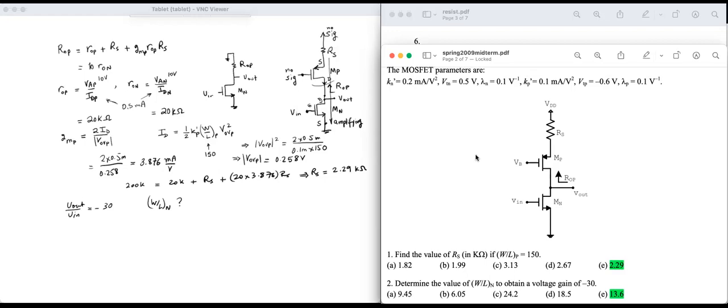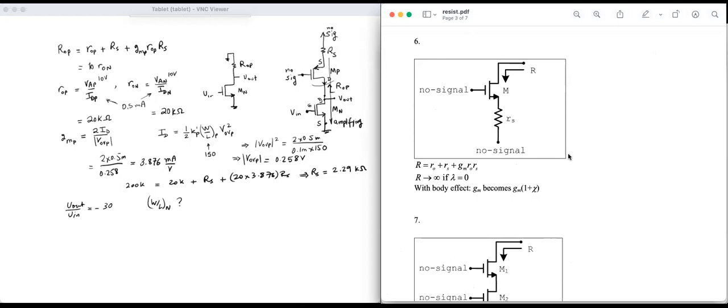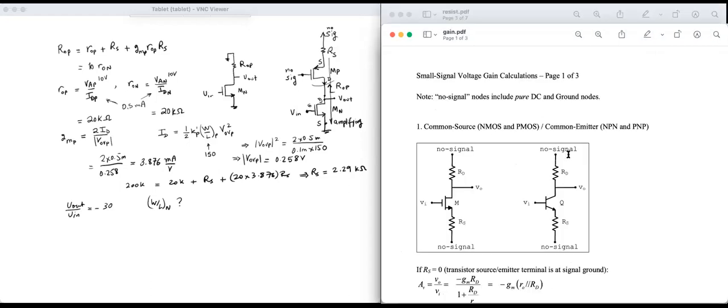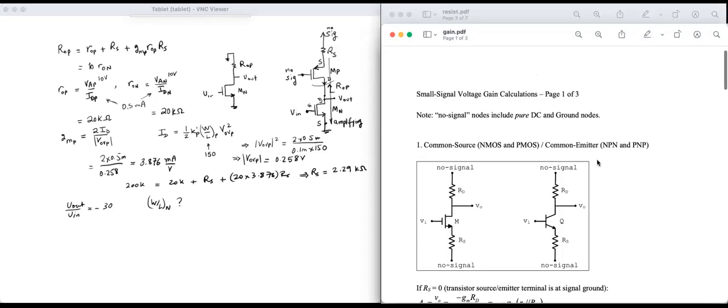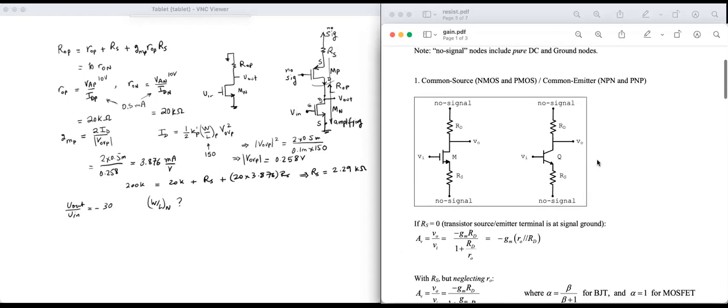It's really just a simple common source amplifier. And we will go now to the gain formula sheet to find the gain for a common source amplifier. So this is the gain formula sheet, and the common source amplifier is on the first page.